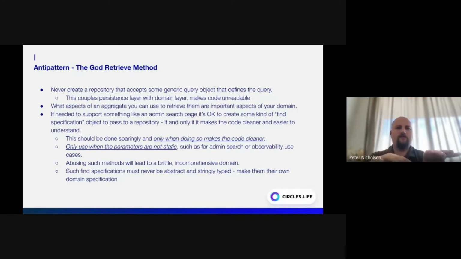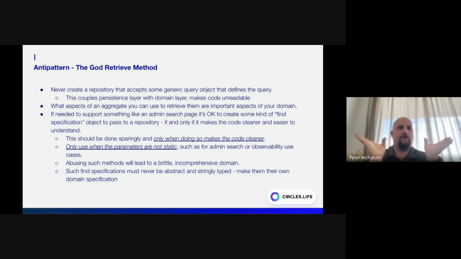So it's okay to create a specification to pass to the database to serve these use cases. But we should really think this out and only use it when it makes the code more clean, and only use it when the parameters in that flow are not known when that method is called.